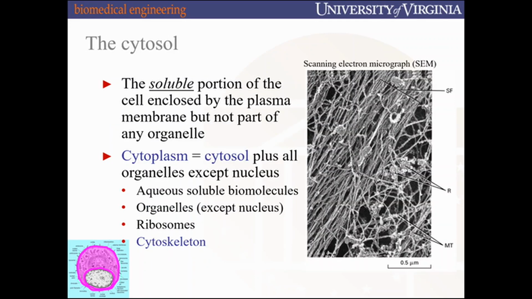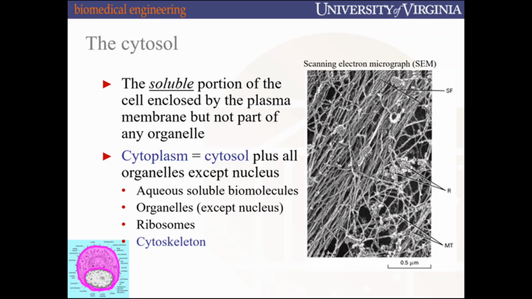All right, so we've covered a lot of the important organelles in the cell, but what about everything else? Everything else is the cytosol. This is the soluble portion of the cell that's enclosed by the plasma membrane, but not part of any organelle.